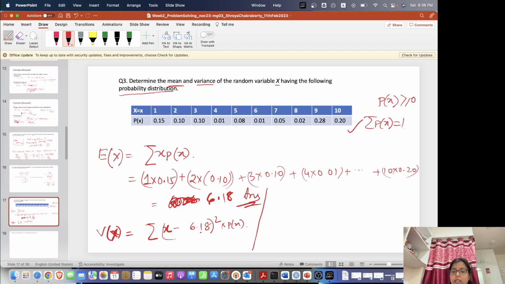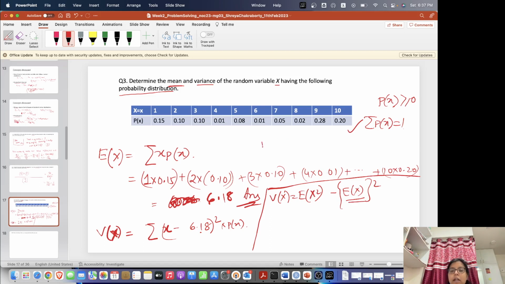So in such situations, we'll use the alternate formula, that variance of x is expectation of x square minus expectation of x whole square. This part we already know, this is 6.18. We just need to compute expectation of x square.